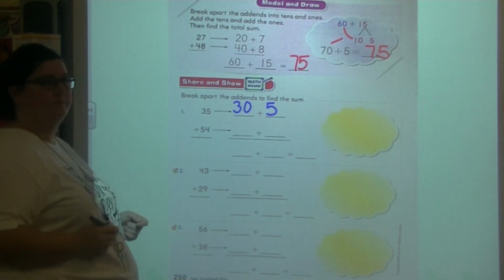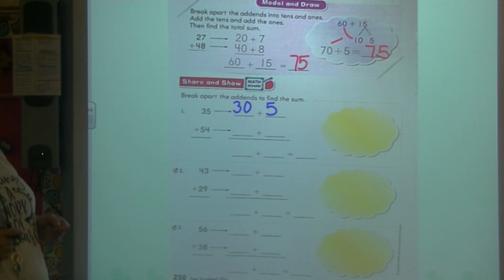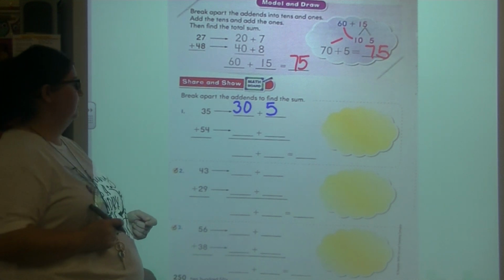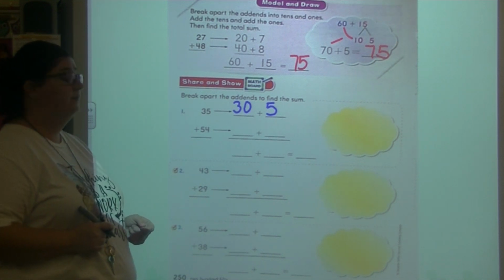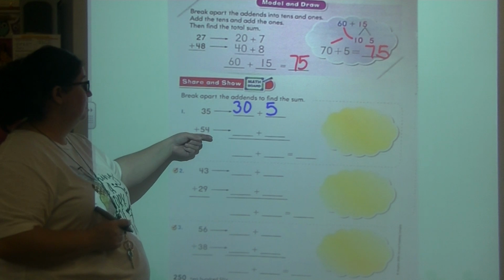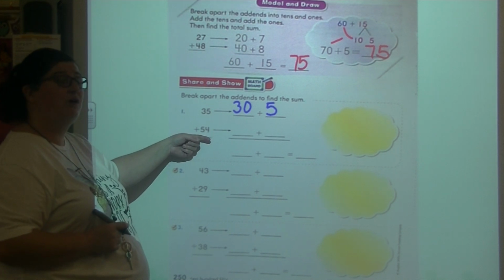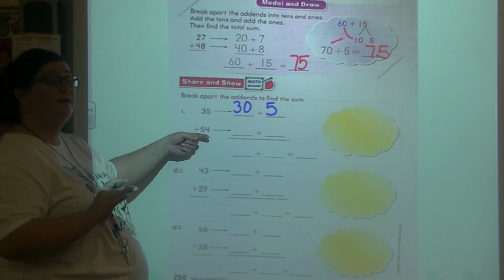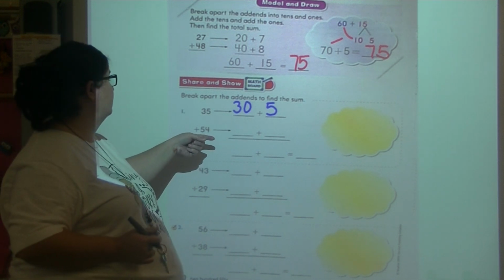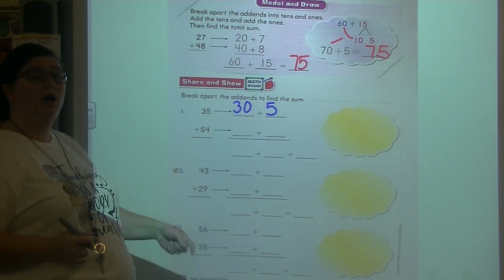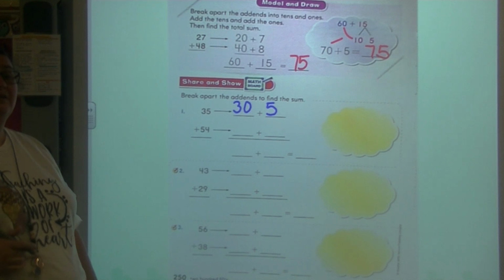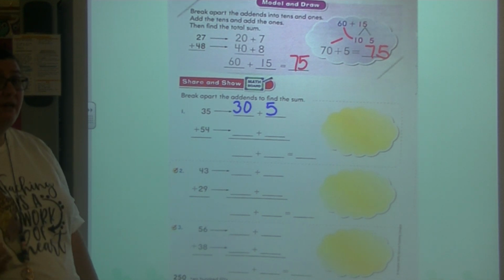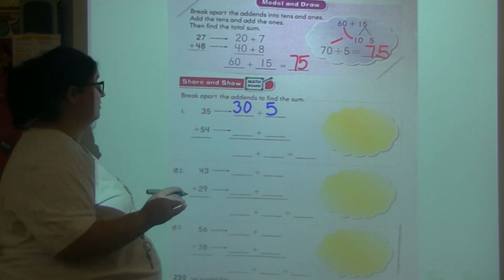Write it down. Now we have 54. We've got to break it into tens and ones. What would be 54? 50 plus 4.